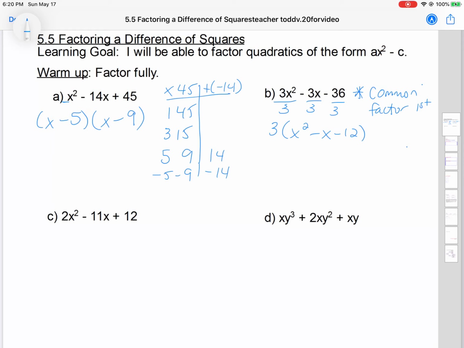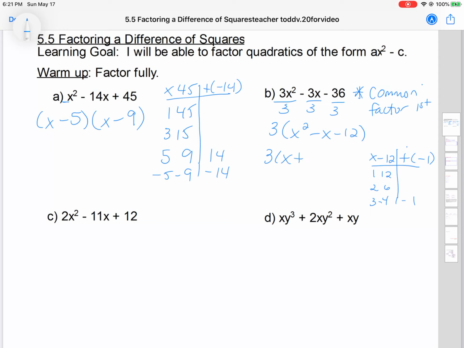So now it is more simple, like the kind that we just did in A. You're looking for two numbers that multiply to negative 12 and add to negative 1. There are a few options for 12: 1 and 12, no, 2 and 6, no, and then 3 and 4. Since we want it to multiply to negative 12 and add to negative 1, we're going to make the 4 negative, which gives us 3 plus negative 4 is negative 1.